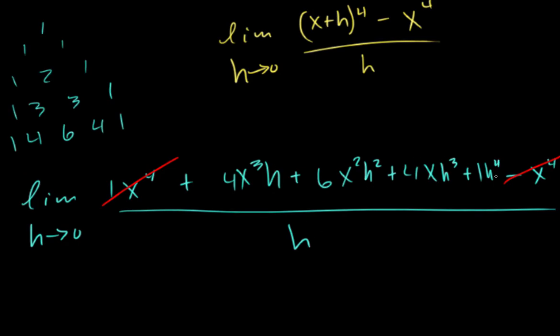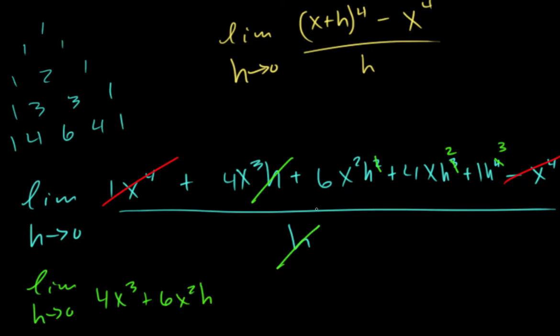All the remaining ones have an h, so one h will go away from each of those to cancel the bottom one. So that h goes away completely. The squared goes away there. This goes away, becomes squared. This goes away, becomes cubed. So we're left with the limit as h approaches 0 of 4x cubed plus 6x squared h plus 4x h squared plus h cubed.